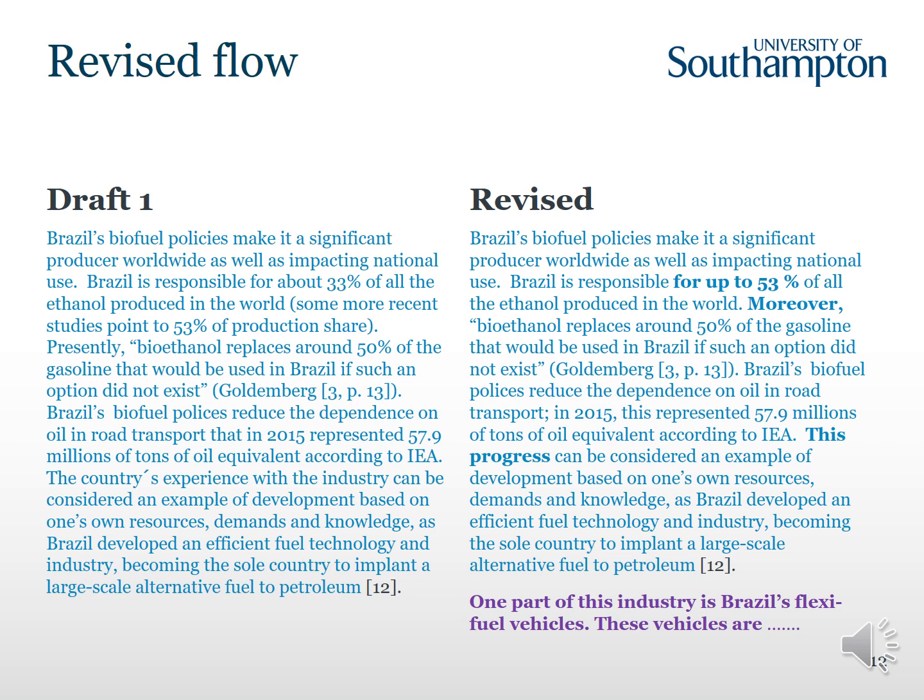And then the start of the next paragraph, one part of this industry, so referring back to the industry which is trying to find new fuel technologies, is Brazil's flexi-fuel vehicles. That sentence ends with vehicles, and then the next sentence starts with these vehicles.